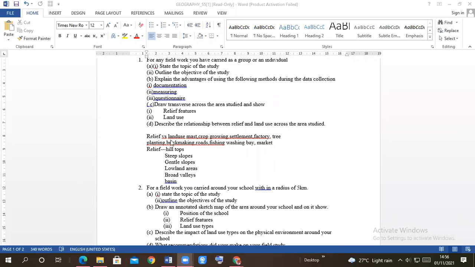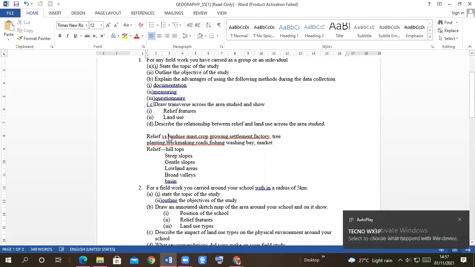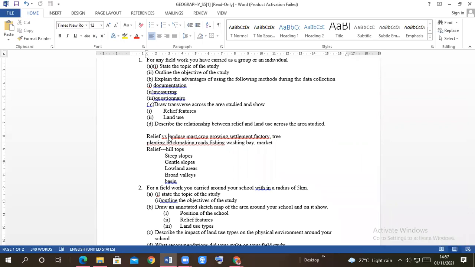So if you can see my screen, can you read for me the land uses that we have from here up to the last? The ones I've written here. We have a mast.